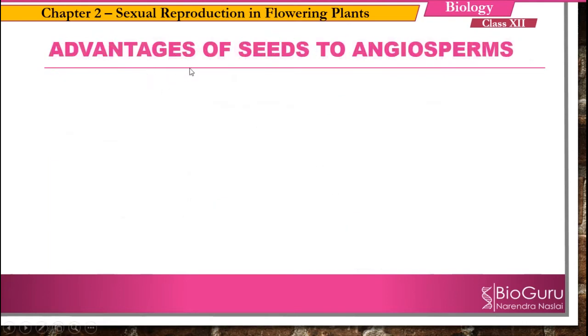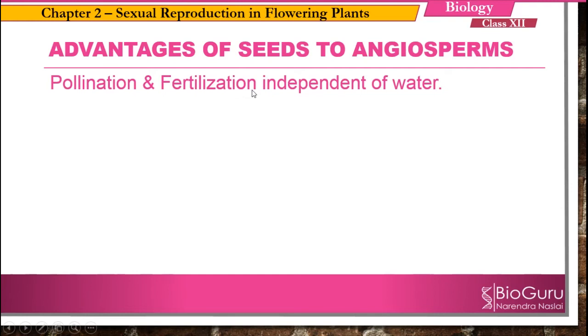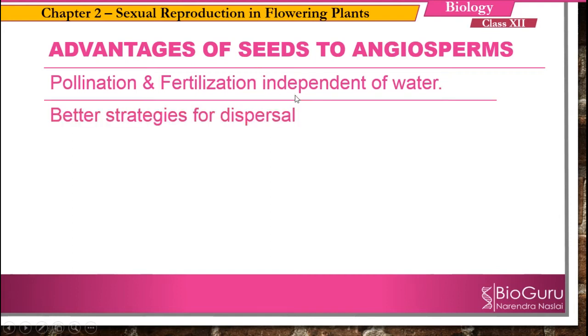Let us now study the advantages of seeds to angiosperms. Pollination and fertilization are independent of water. Seed formation in angiosperms makes reproductive processes such as pollination and fertilization independent of water. Next, they have better strategies for dispersal to new habitats, which help the species to colonize other areas.